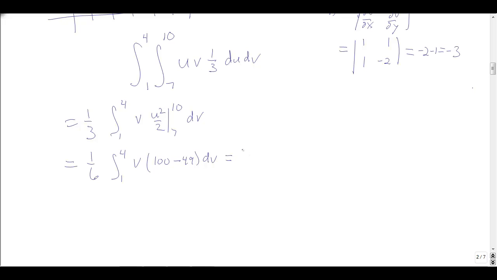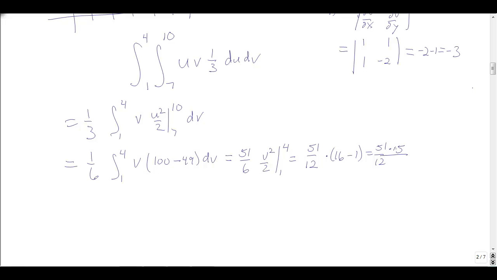So that's going to be a 51 over 6. And I'm going to integrate v and get a v squared over 2 from 1 to 4. So I'm going to end up with 51 over 6 times 2 is 12, times 16, 4 squared minus 1 squared is 1. So we get, let's see, 51 over 12, maybe we write it times 15.